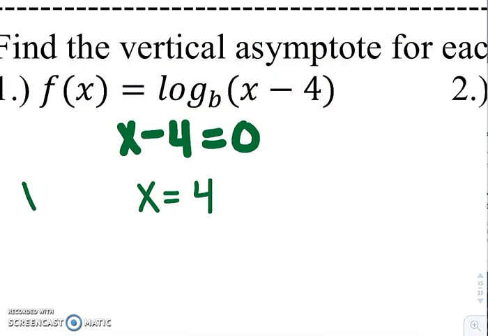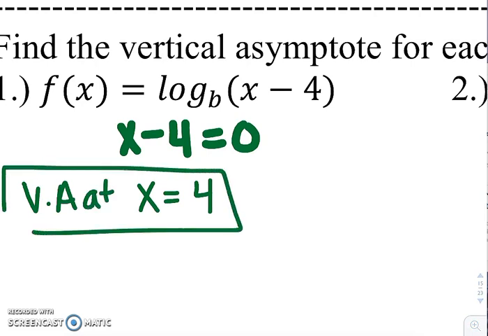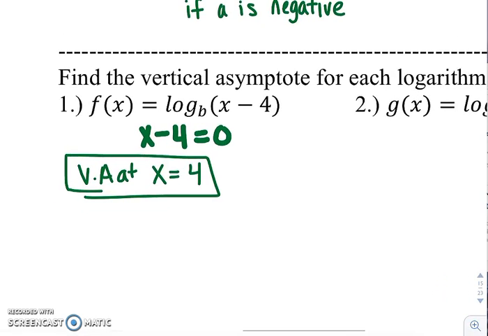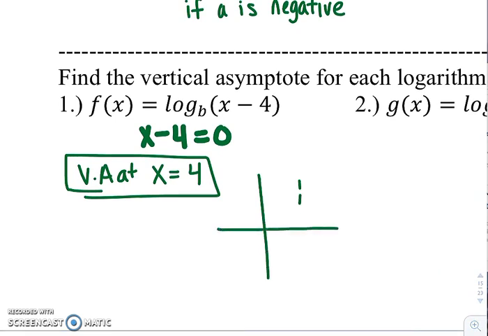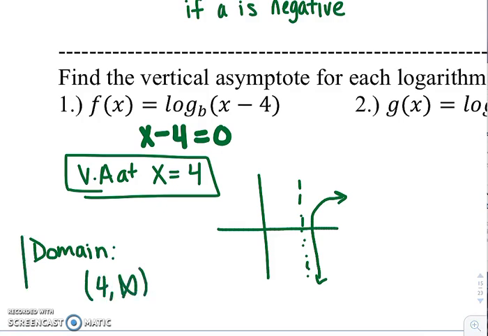We would add the 4 over and go from there. If you were graphing this, the vertical asymptote would be at positive 4, and your graph would go to the right there. So the domain is going to be from 4 to positive infinity. It's always from that vertical asymptote to positive infinity.